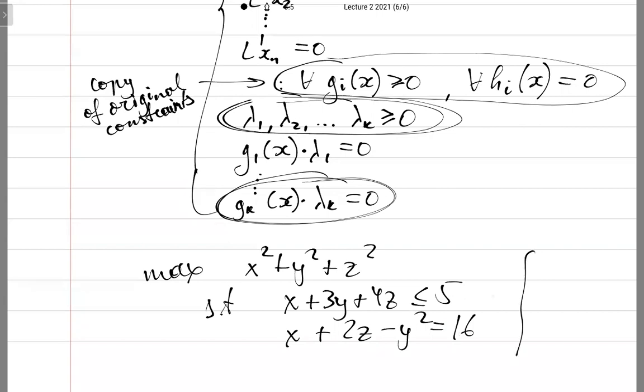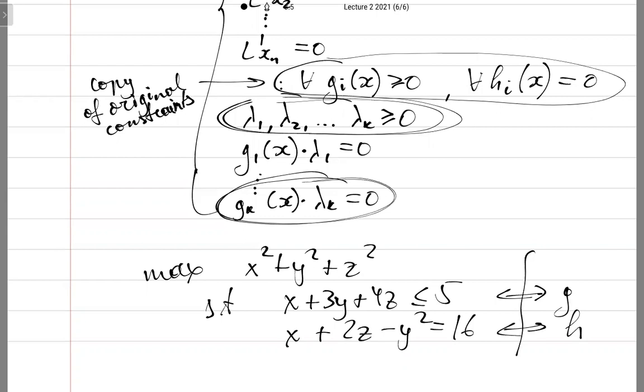So this is the inequality type constraint g. This is the equality type constraint h. So you have basically two types of constraints: the old type, equality constraints, and the new type, inequality constraints.